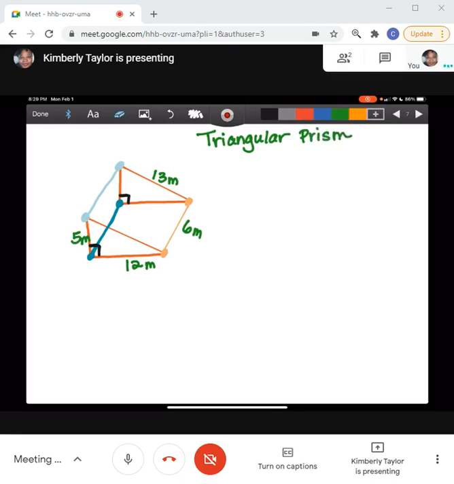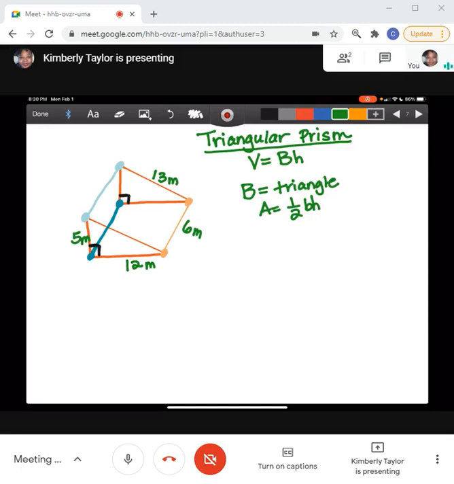So because it's a prism, the volume is going to be the area of the base times the height. And so what is the base? The base in this case is a triangle. How do I find the area of a triangle? It's A equals 1/2 base times the height.